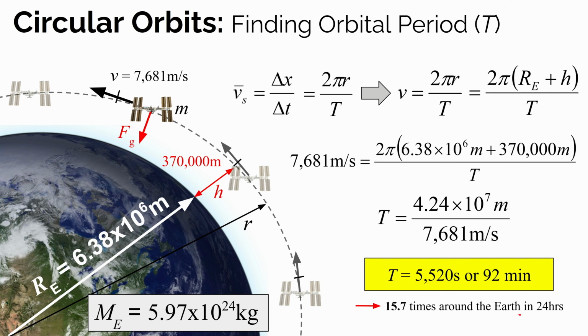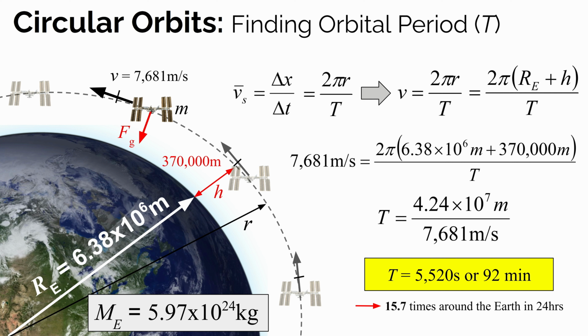In a 24-hour period, like one day for us, it goes around the Earth about 16 times, which is crazy, because every time astronauts go around the Earth once, they see a sunrise and a sunset. So in a 24-hour period, they're seeing over 15 sunrises and sunsets.